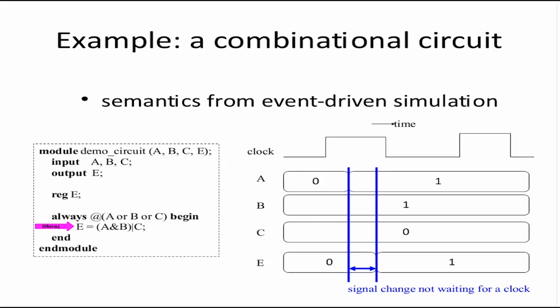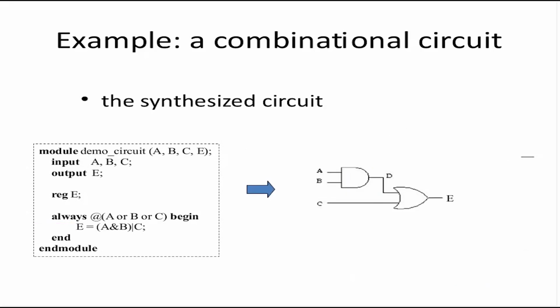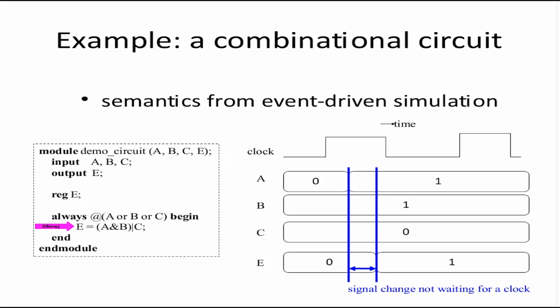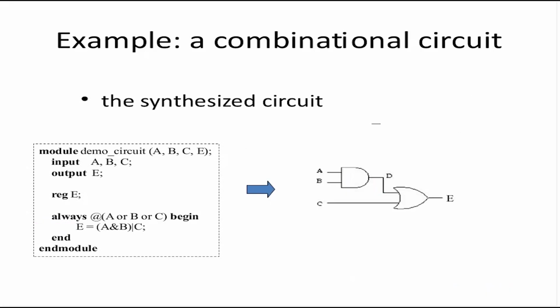The synthesis will still implement the same gate here, and now there is a mismatch between simulation and synthesis, because in simulation a change on A does not result in a change in E, but the synthesized circuit remains the same.